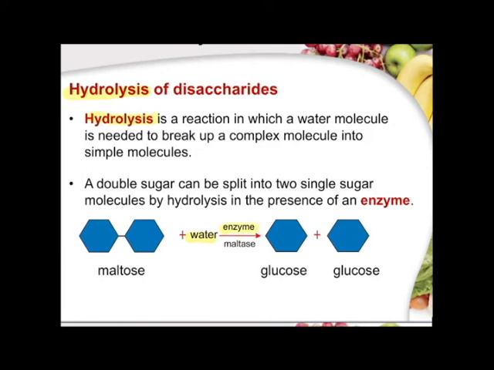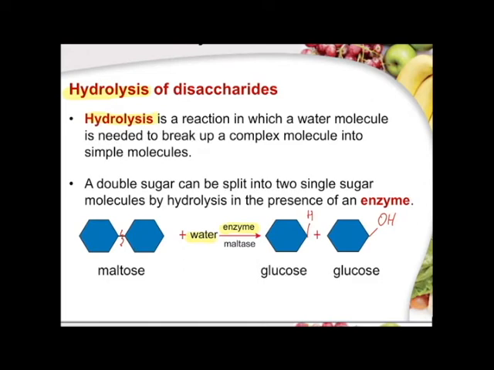Hydrolysis, on the other hand, is the opposite of condensation. Where condensation produces water, hydrolysis means you use water, with the help of enzymes, for example maltase, which is an enzyme, to help break this bond. By breaking this bond, you have empty spaces over here. So what do you do with the empty spaces?